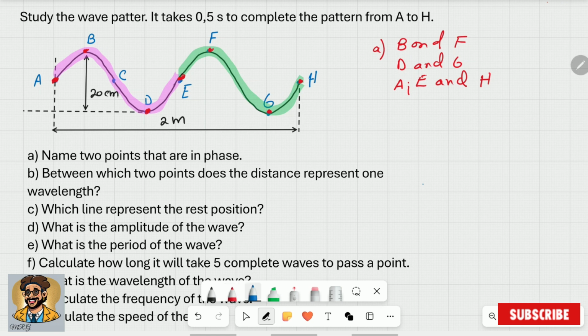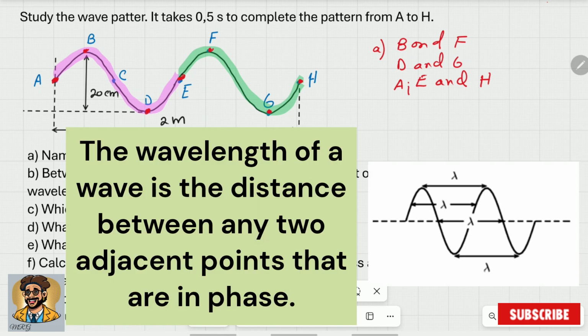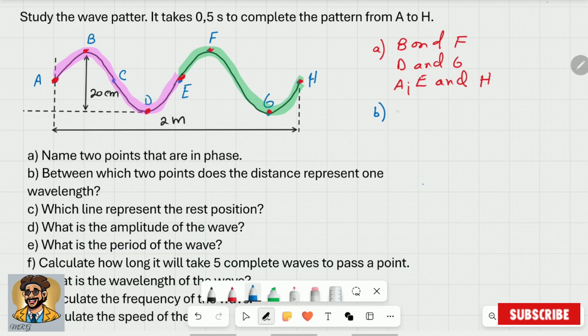Between which 2 points does the distance represent one wavelength? And then we said yesterday between the 2 crests, that is one wavelength. So, for instance, between the points B and F, that is one wavelength. Remember, points in phase, if they are consecutive, it means that is one wavelength. And they are consecutive, we mentioned before. What else?